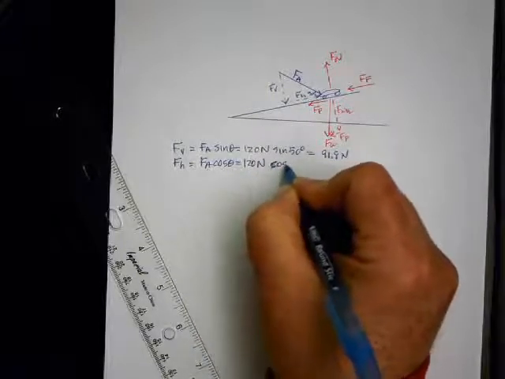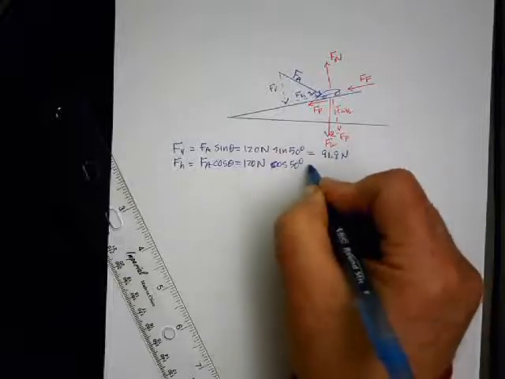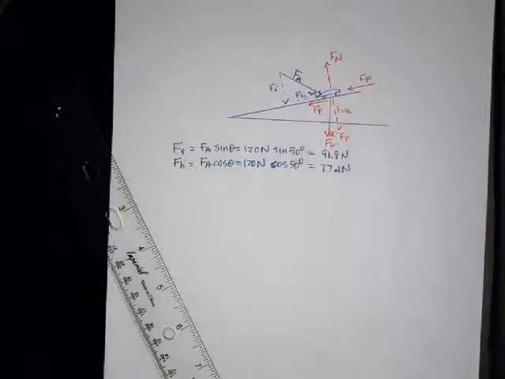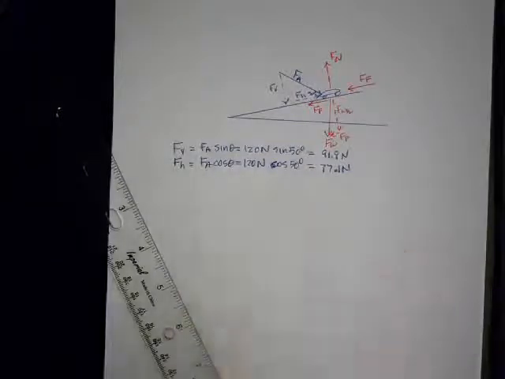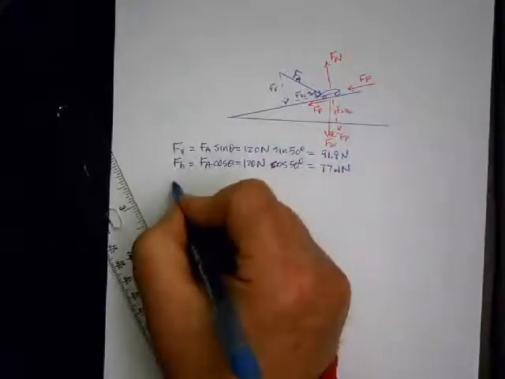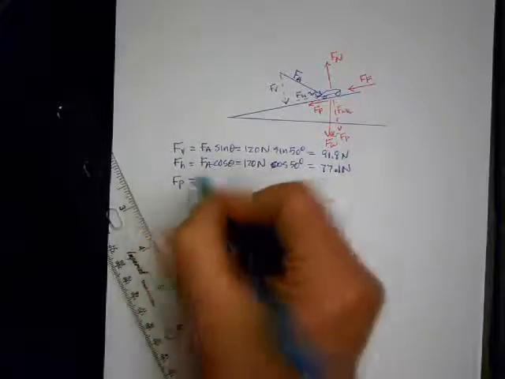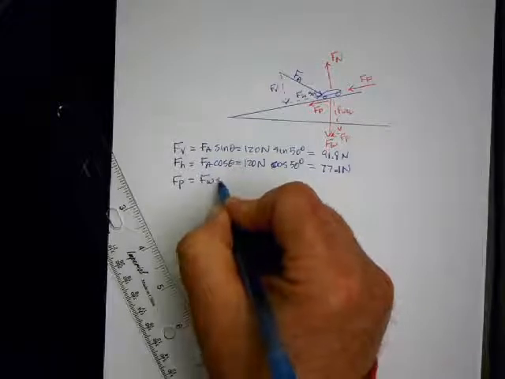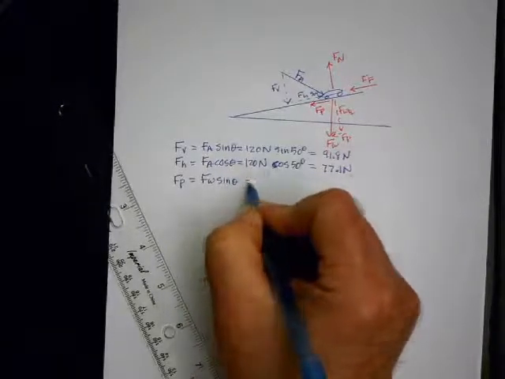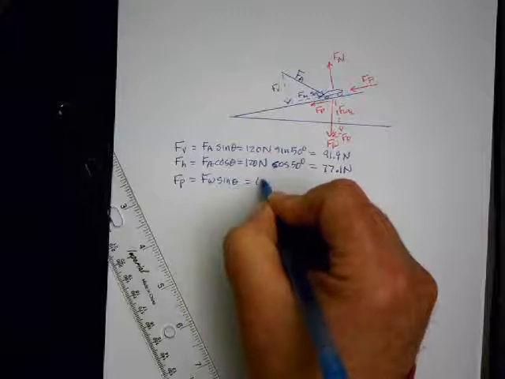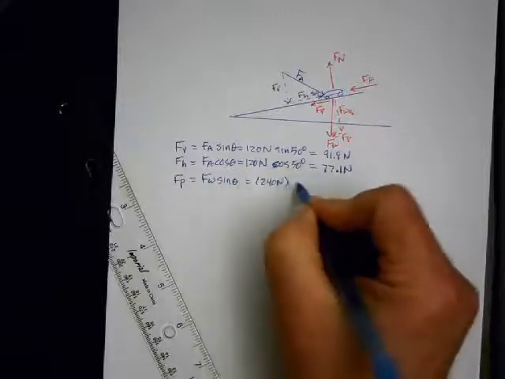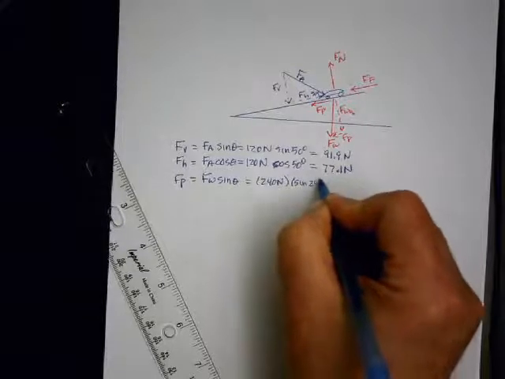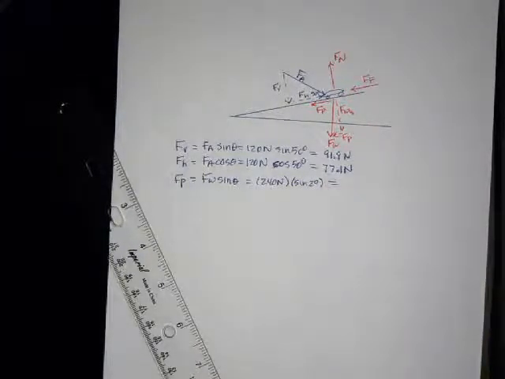But now we got to worry about FP, which is FW sine. And let's see, we had a 240 Newton. And let's see, sine of 2 degrees. So not much to it, but there's a little bit of FP.